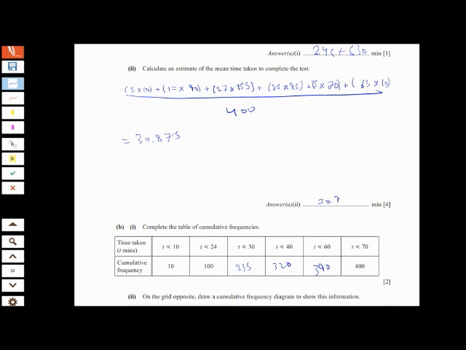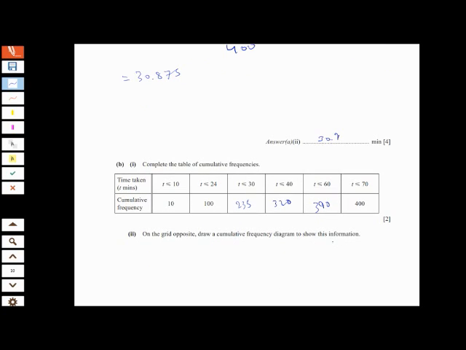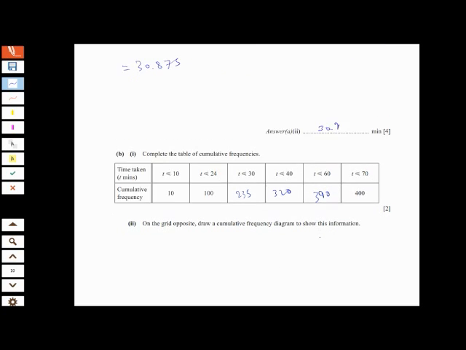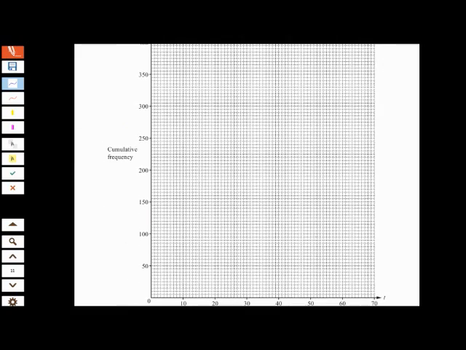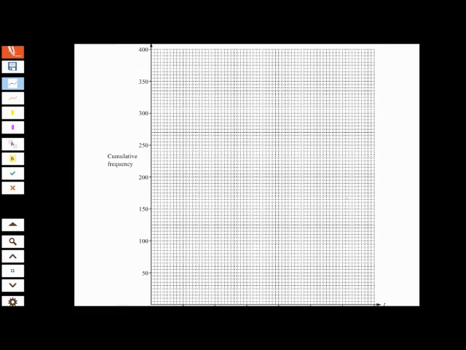But on the grid opposite, draw the cumulative frequency diagram. Basically all you do is plot the points that you found just now, and you will get something like this, starting from 10. That's how it will look.